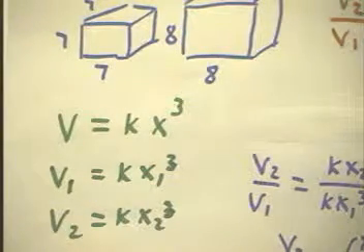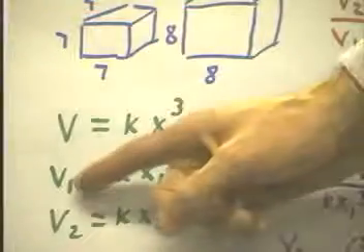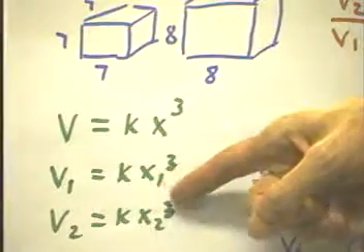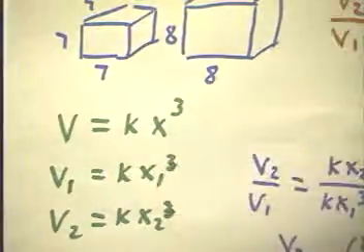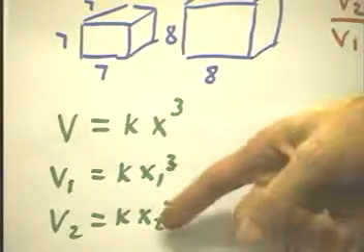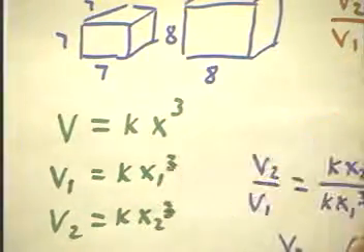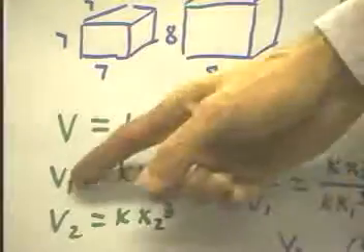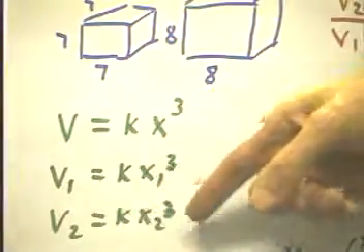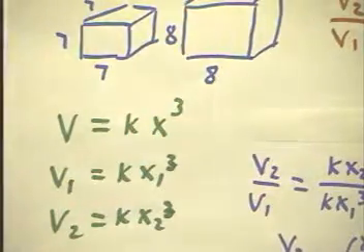What we're going to say is that if V1 is the volume corresponding to a side of x1, and V2 is the volume corresponding to a side of x2, then V1 is kx1 cubed and V2 is k times x2 cubed, obviously.